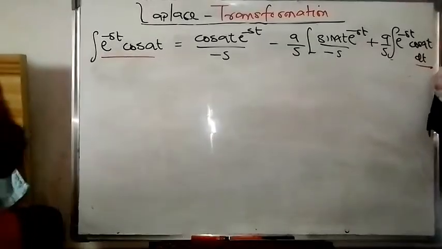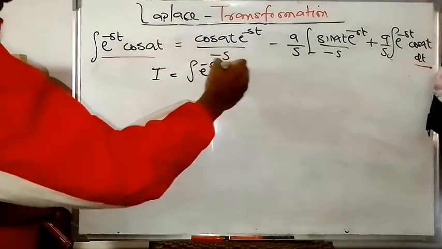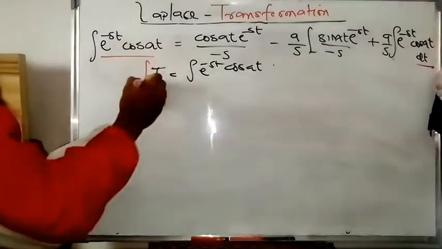So now we're going to be assuming let I be equal to the integral of exponential minus st cos at, right? This is what I'm going to be assuming.